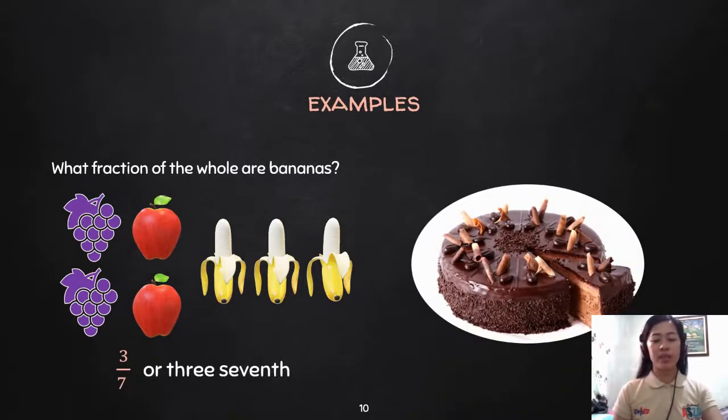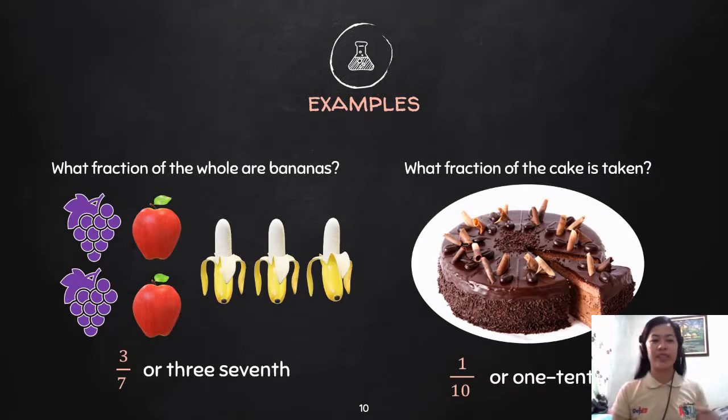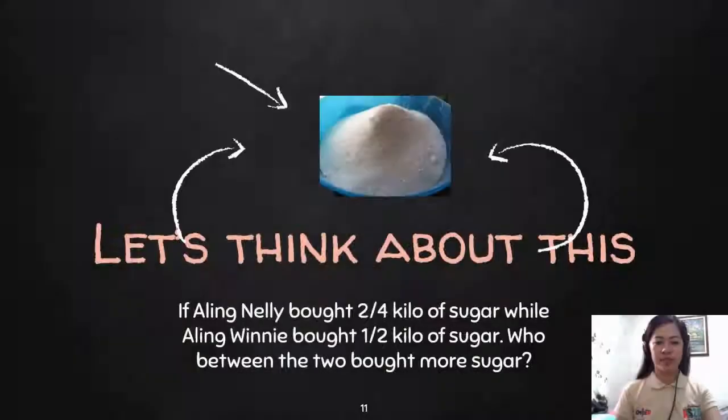Another example is this delicious cake, and it is divided into 10 equal parts. The question is, what fraction of the cake is taken? So if your answer is 1/10, therefore you're correct. Let's think about these, learners. If Aling Nelly bought 2/4 kilo of sugar, while Aling Winnie bought 1/2 kilo of sugar, who between the two bought more sugar?